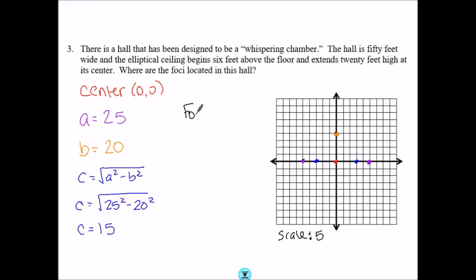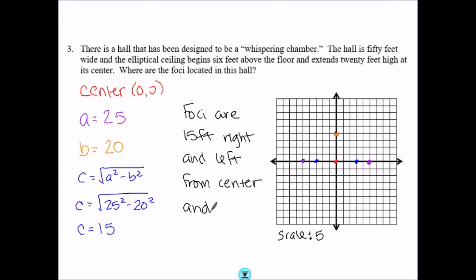So the foci are 15 feet right and left from the center and 6 feet above the ground.